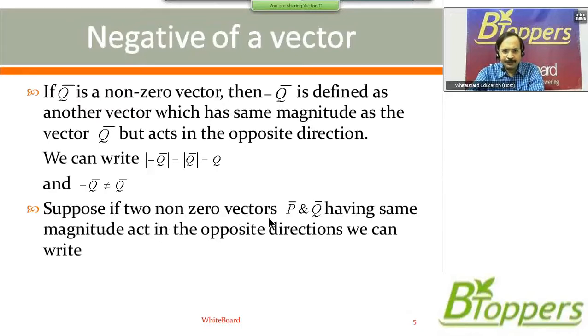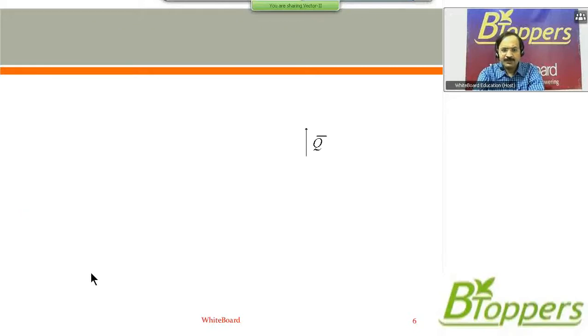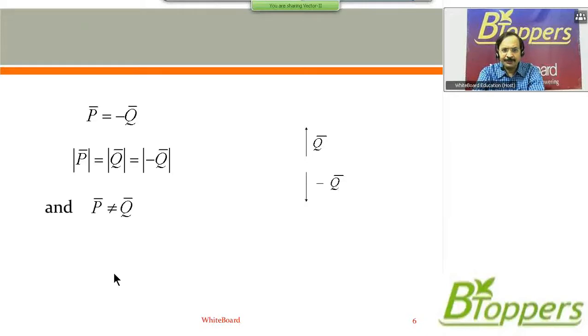Suppose two non-zero vectors P bar and Q bar having the same magnitude act in opposite directions, we can write P bar equal to minus Q bar, or mod of P bar equal to mod of Q bar, which is the same as mod of minus Q bar.